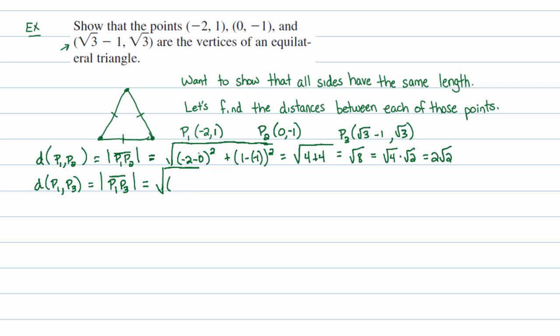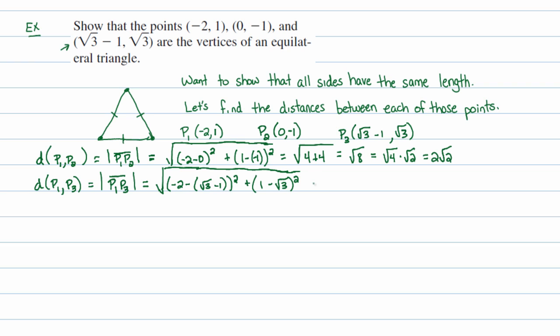Point 1 to point 3: the first x value is -2 minus the second x value, which is (√3 - 1). Notice how I put that in parentheses. I'm subtracting that entire x value, so be very aware of that. To that, I'm going to add the difference between the y values. The y value for point 1 is 1, minus the y value for point 3, which is √3. I'm going to be squaring that.